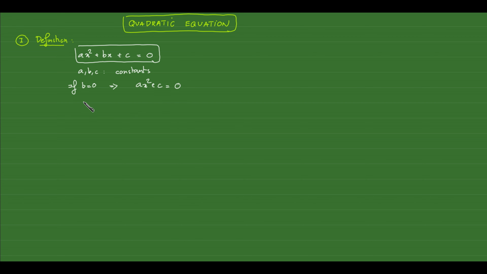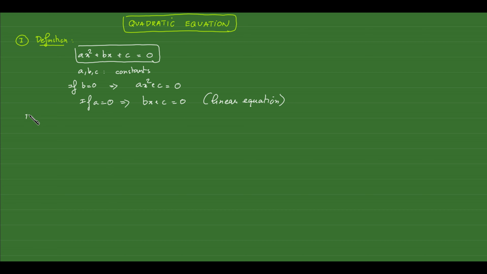However, if a equals 0, then my equation becomes bx plus c equals 0. So this is linear now, a linear equation, so you have to be careful. If you see something with a square, where this is the highest degree in the equation, then that is called a quadratic equation. If it doesn't have the square part, then it becomes linear.